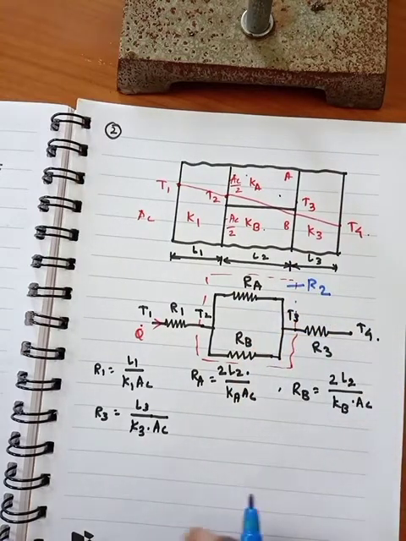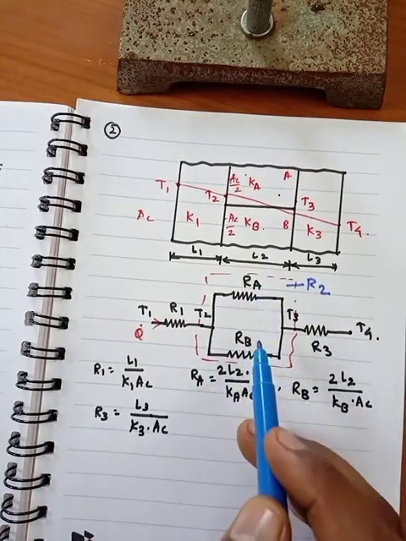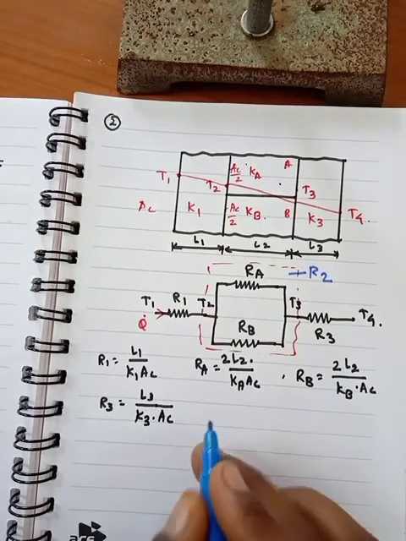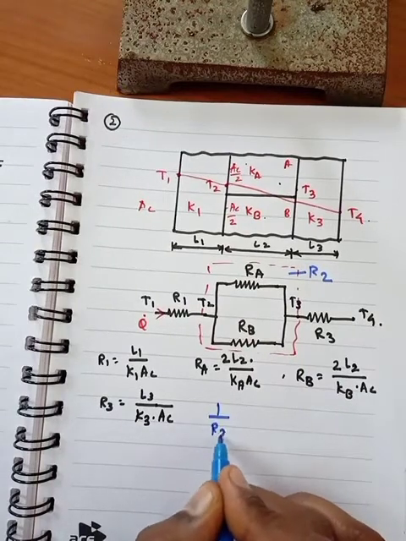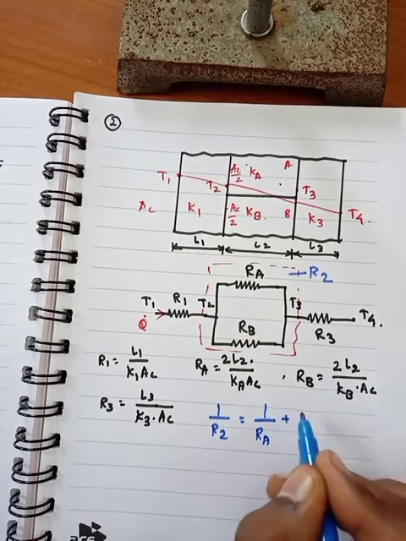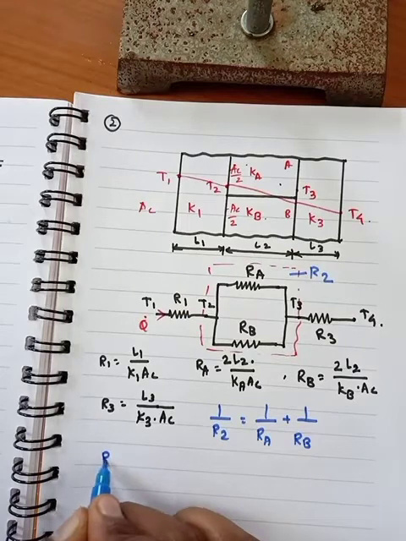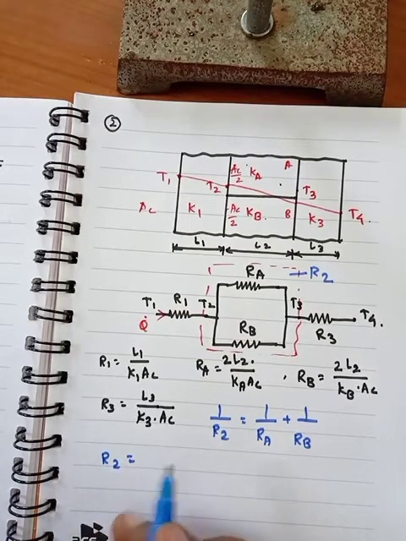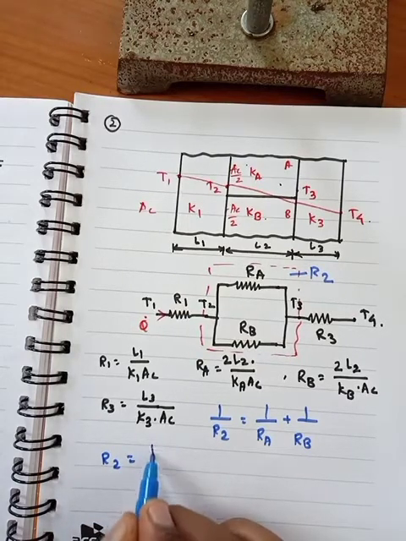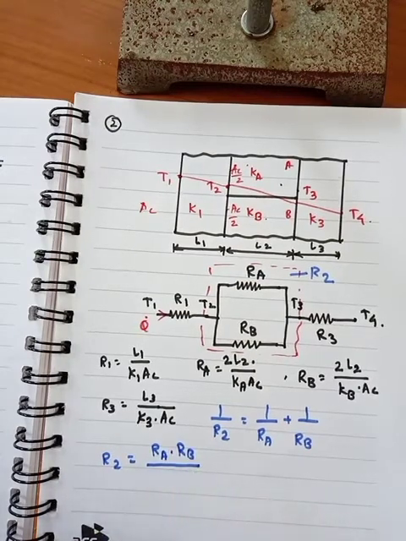To find R2, if you see these resistances are in parallel, so 1 upon R2 is equal to 1 upon RA plus 1 upon RB. So R2 is equal to RA into RB divided by RA plus RB.